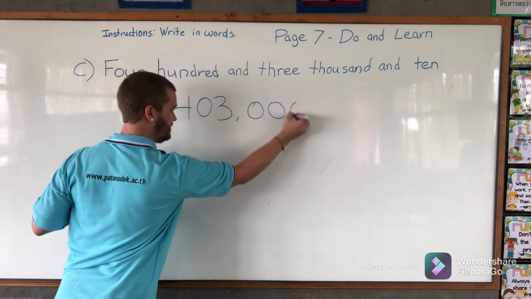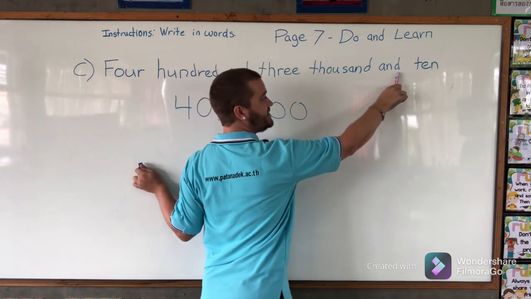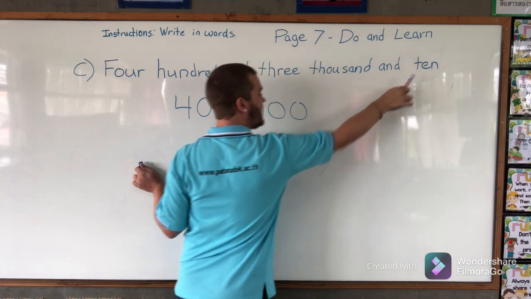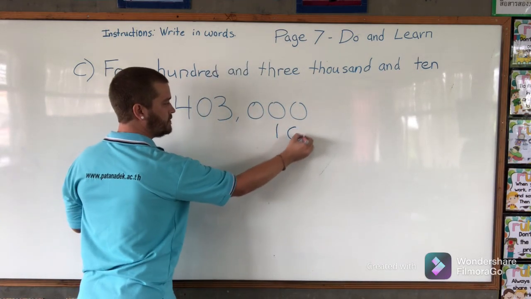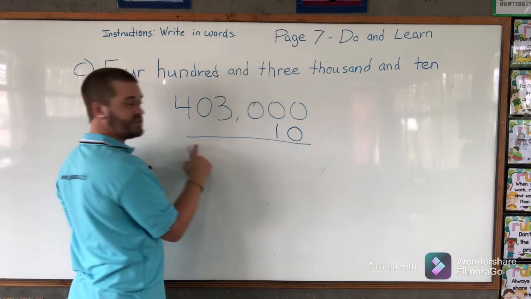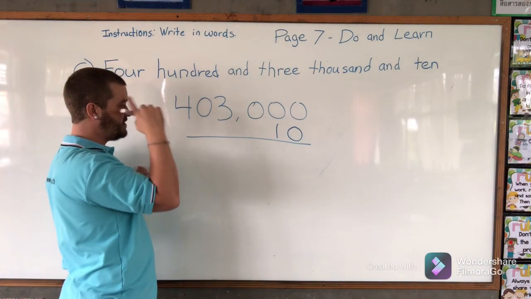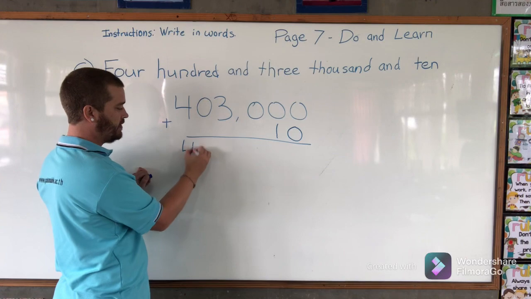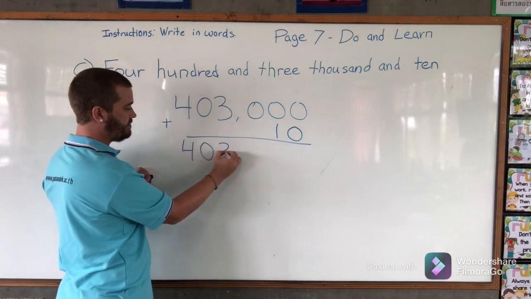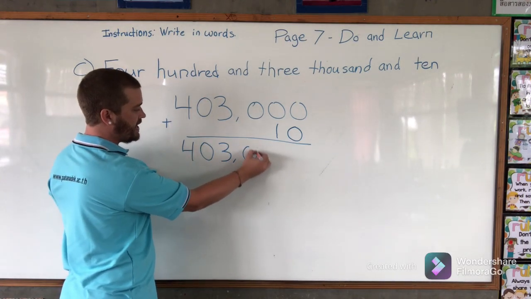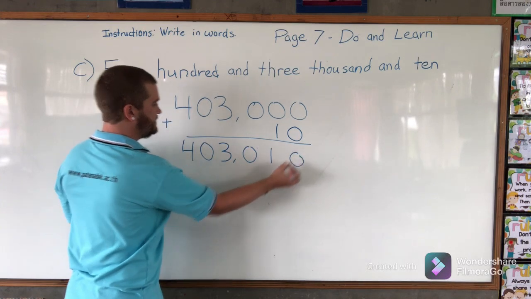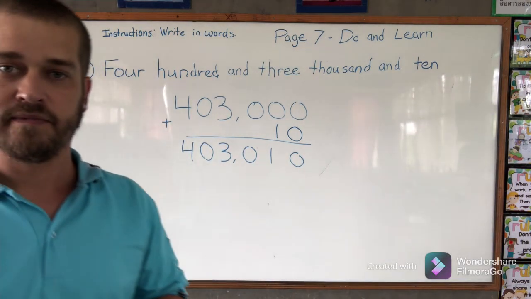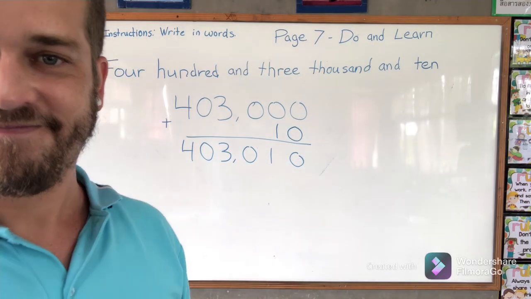And then we have our last and, that's our comma, and 10. So this is the longer way that helps you understand and pull numbers from words. So it's 403 and 10. Did you get this number?